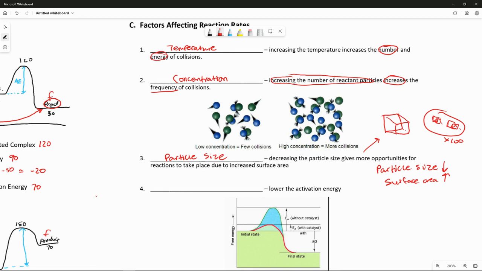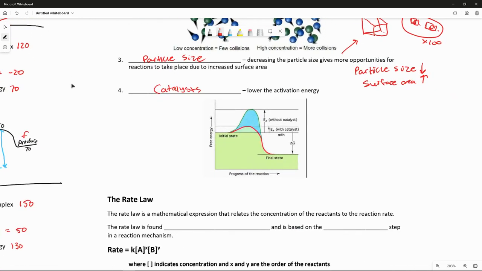The fourth one is catalysts. The purpose of catalysts is to lower the activation energy, and this image right below shows this. This blue sector here shows the activation energy required to start the reaction without the catalyst. But this red line here shows the activation energy required to start the reaction with a catalyst.